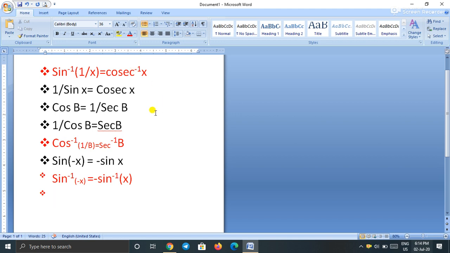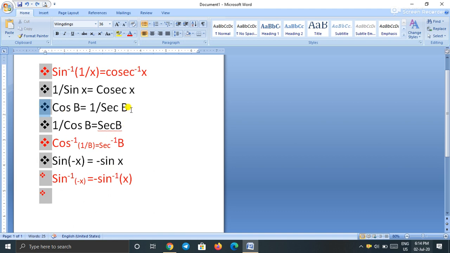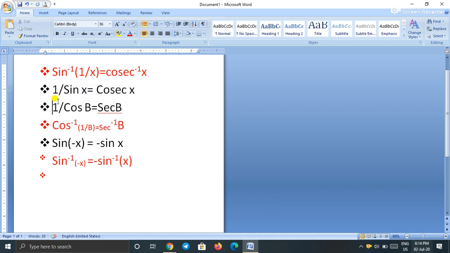Now the next formula is... I have changed the color of the formula for your simplicity.